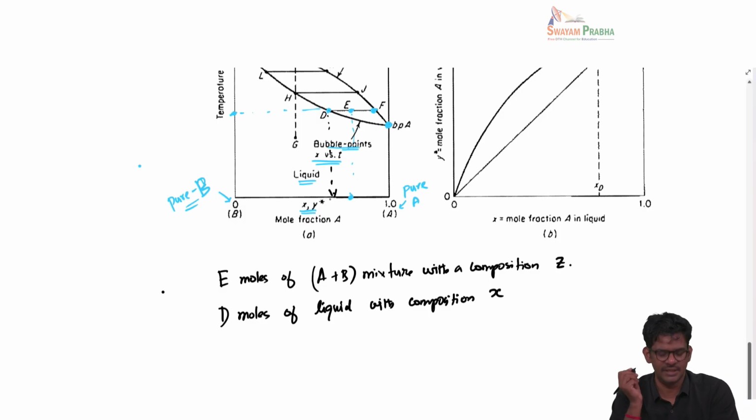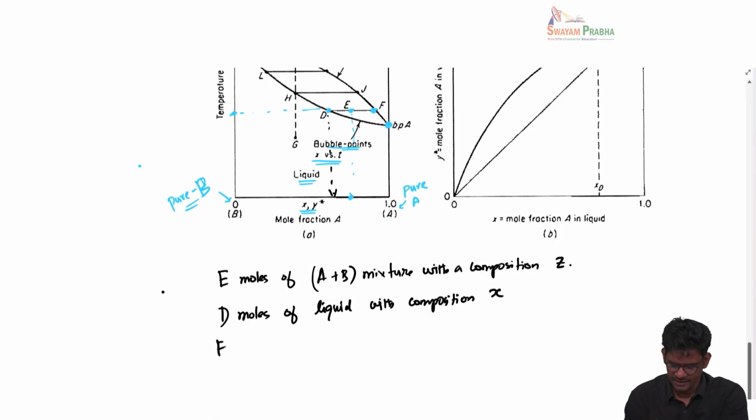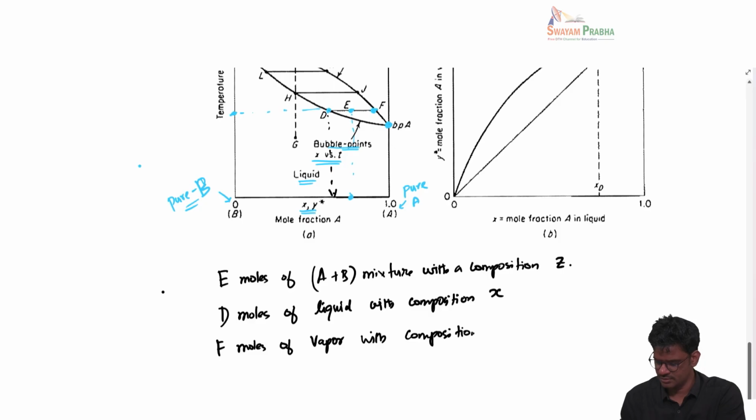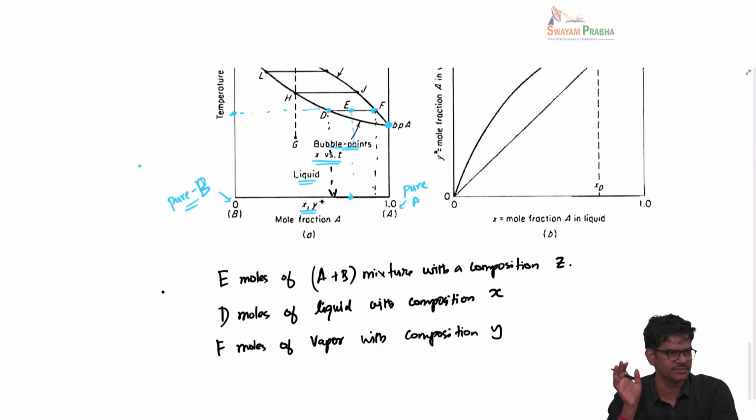This is the composition of the liquid, and let us say F is the moles of vapor with composition Y. So, that is this. Remember, both X and Y are read on the x-axis here.